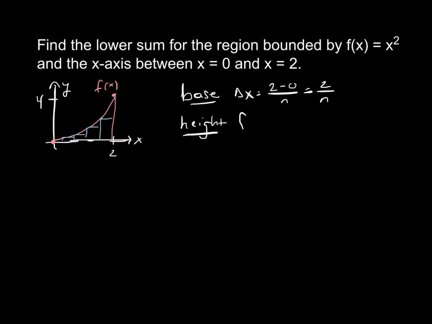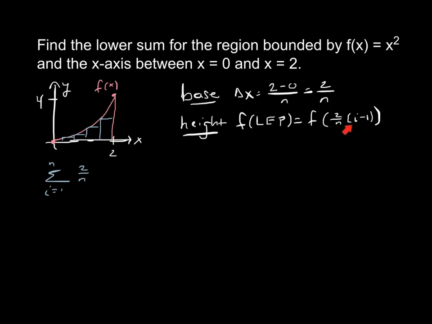The height will be f of the left endpoint now, which will be f of delta x times i minus 1. Okay, so our sum looks like this. We've got the sum as i goes from 1 to n of the base times the height. So this is our height.